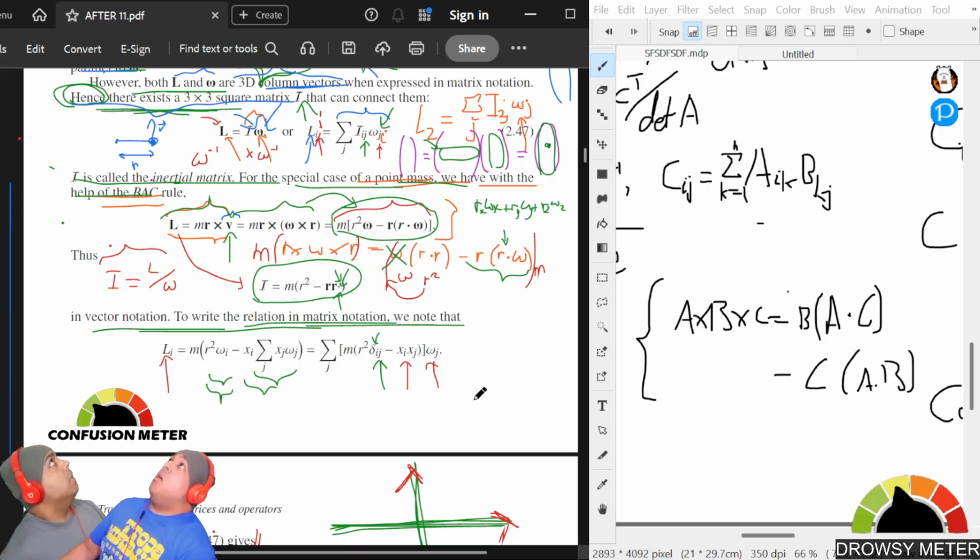So you just ignore the j's and k's. So yeah, I can work with this so far. Minus r dot omega, r dot omega.